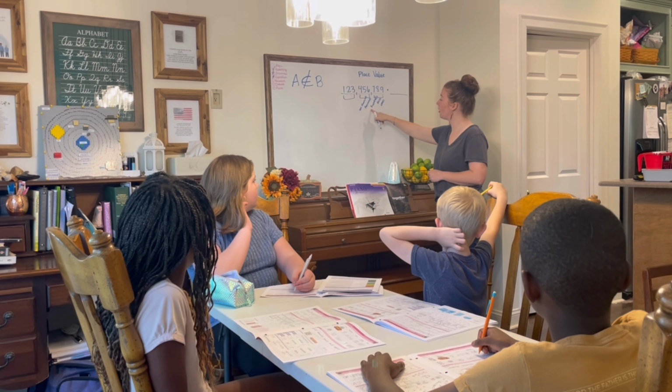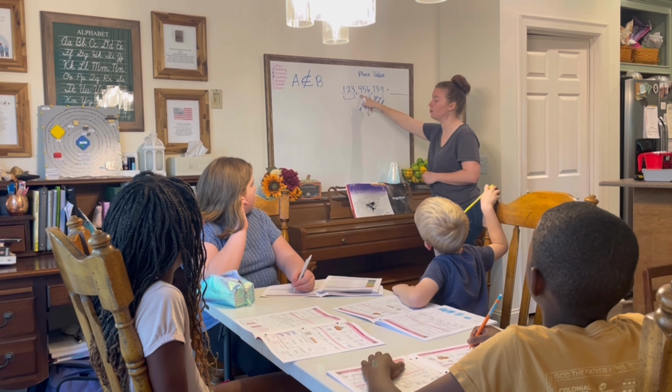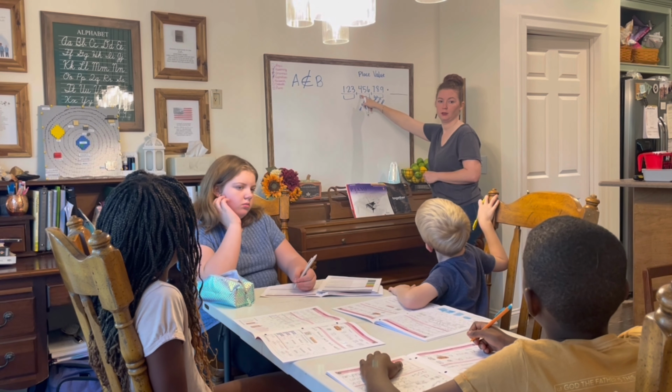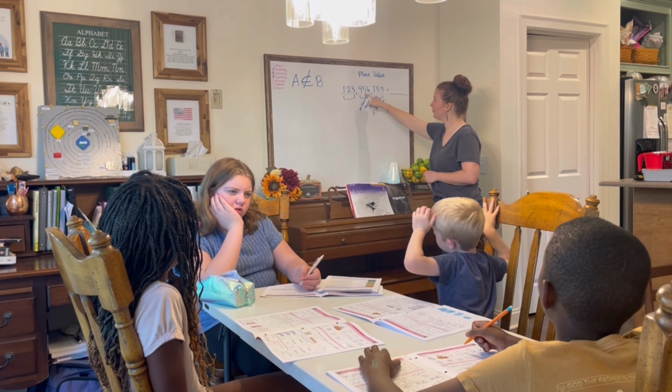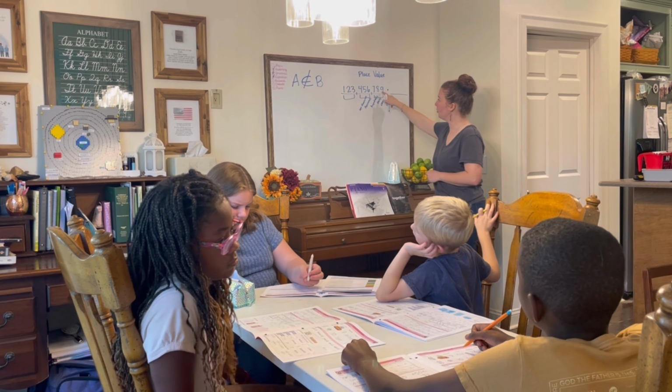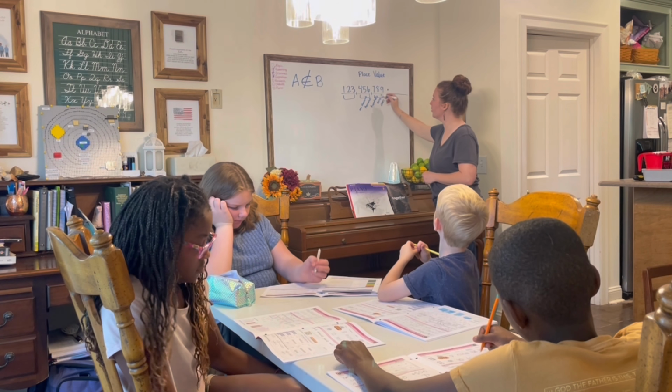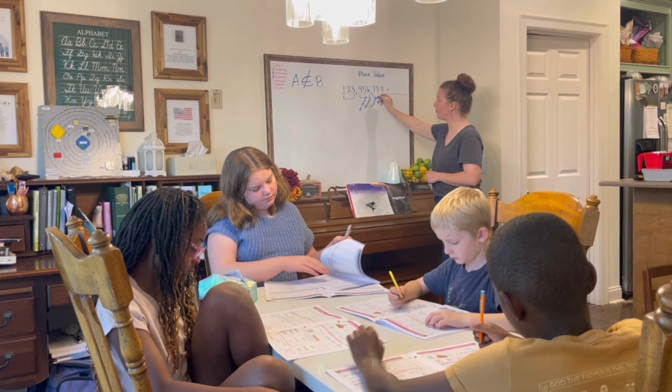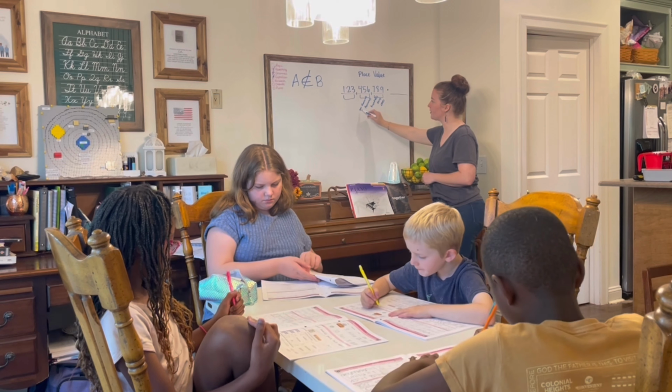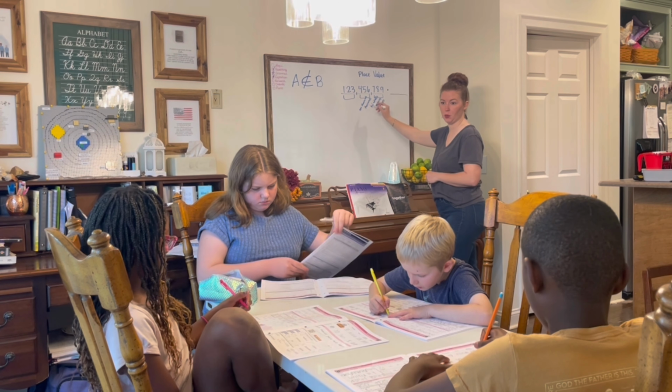Ones, tens, hundreds, thousands, 10,000s. What place is this? We have our group. 100,000. Yeah, we have groups of threes for a period. They're separated by commas. And we go ones, tens, hundreds, ones, tens, hundreds, ones, tens, hundreds.